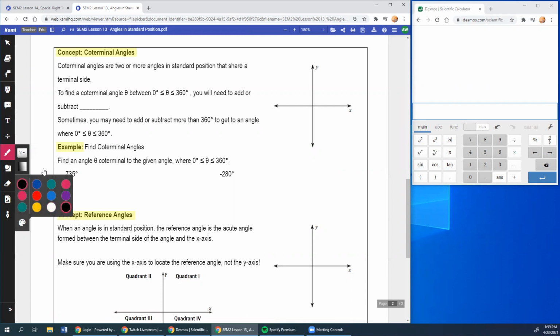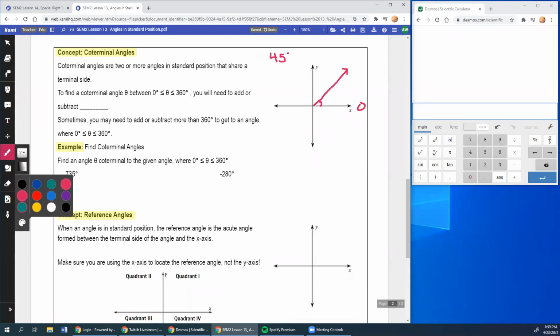So we're going to start with a 45-degree angle. So 45 would land me right here, right in the middle between 0 and 90.